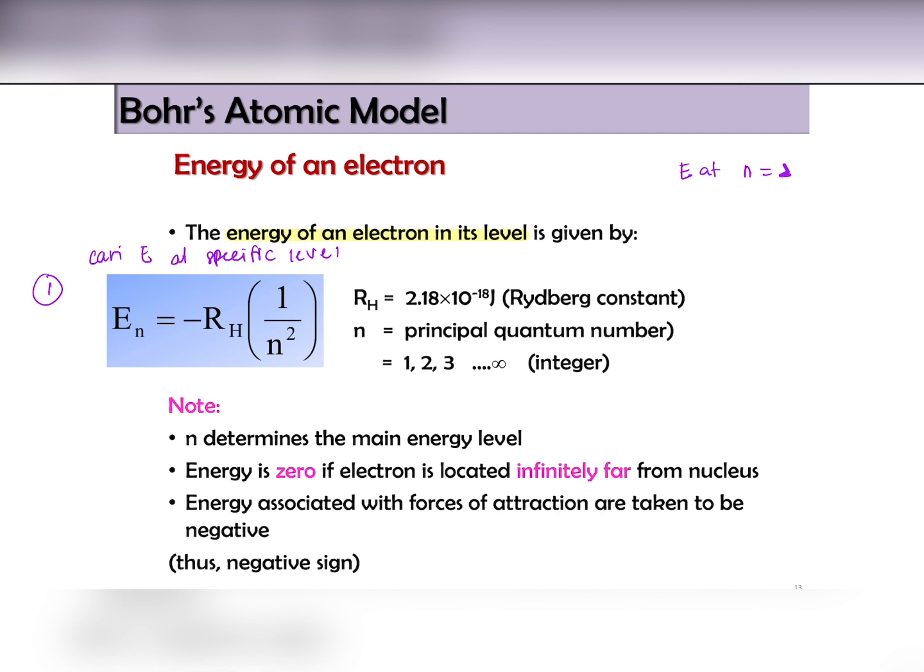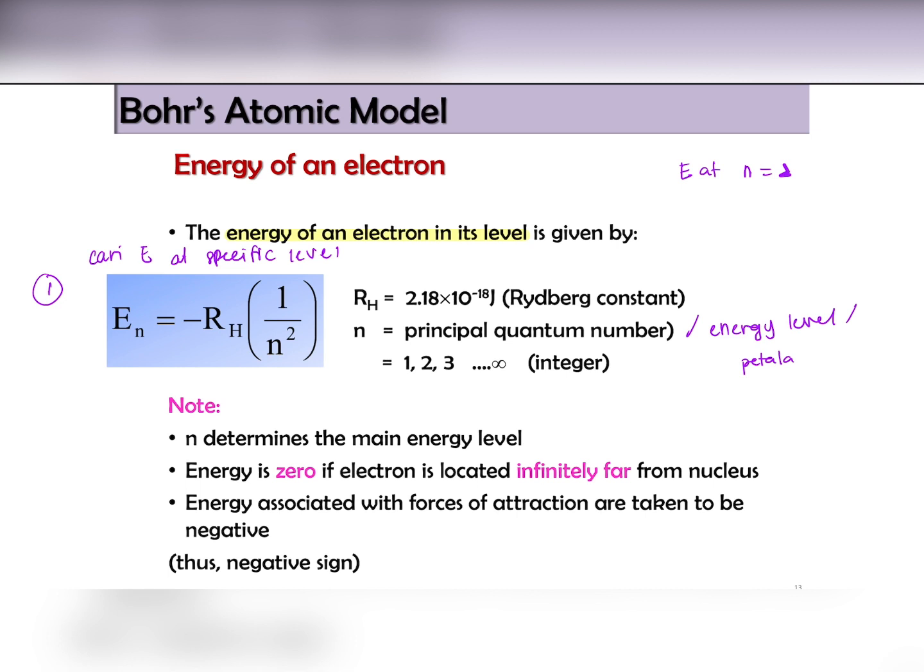N is the principal quantum number, ataupun tadi kita dah belajar energy level. Please take note that n determines the main energy level. Energy is 0 if the electron is located far from the nucleus.